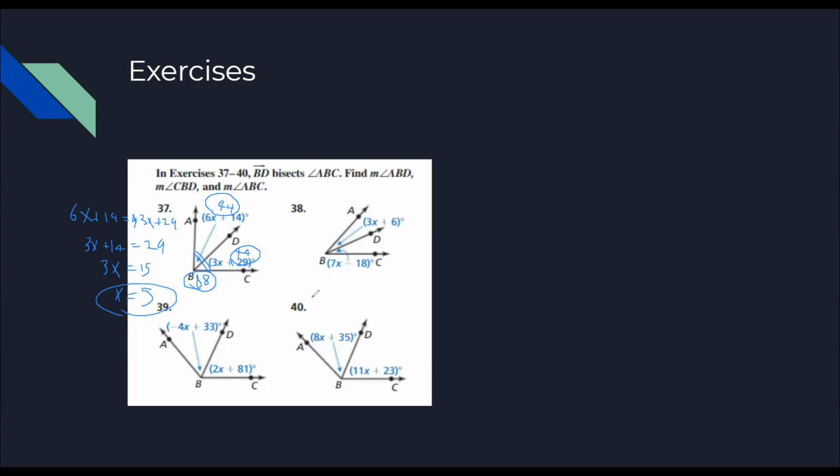Okay, so number 40. Again, ray BD bisects the angle ABC. So 8x plus 35 is equal to 11x plus 23. Subtract 8x on both sides and get 35 is equal to 3x plus 23. And 3x is equal to 12, and x equals 4.